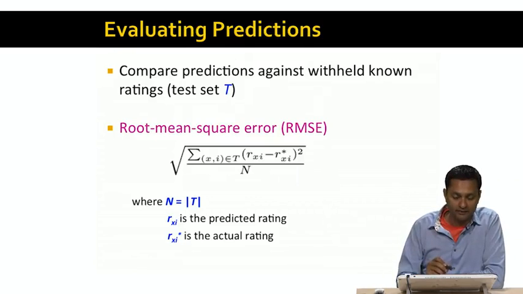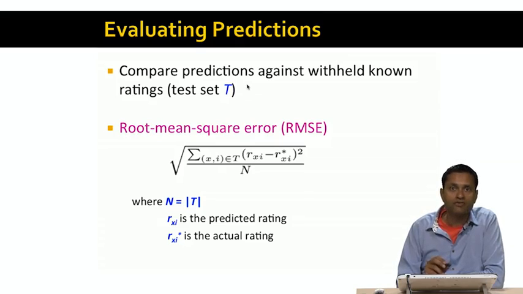So the trick is to compare the predictions against the withheld known ratings, or the test set T, and the most common measure is called the root mean square error, or RMSE for short. It's very simply defined as the sum of the squares of the deviations between the actual ratings and the predicted ratings.